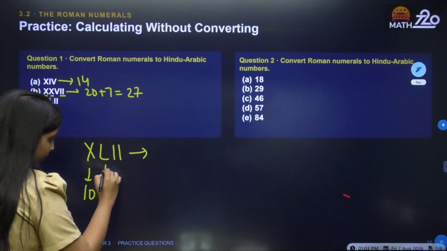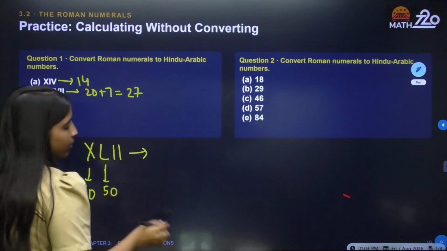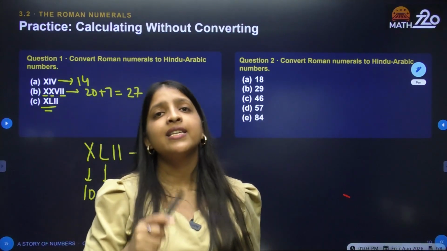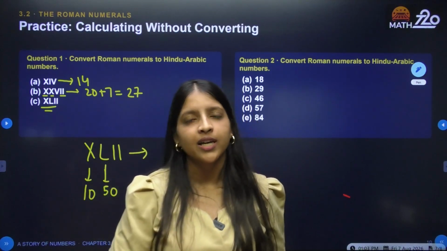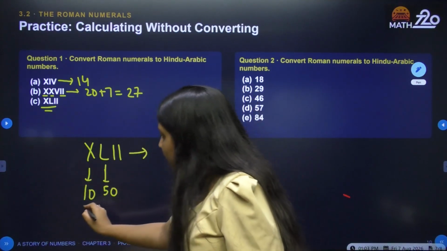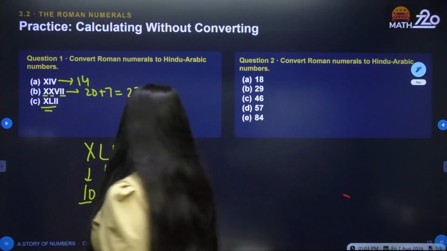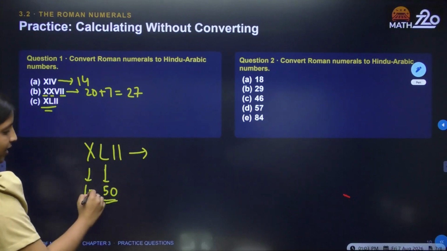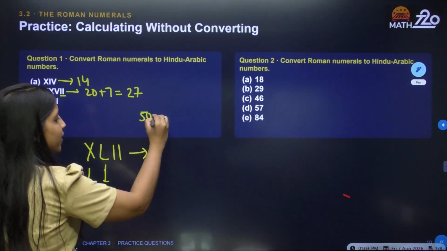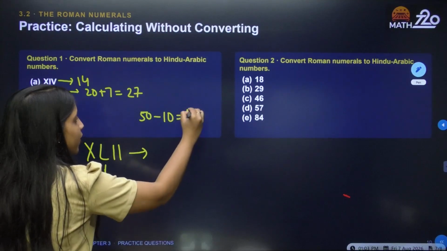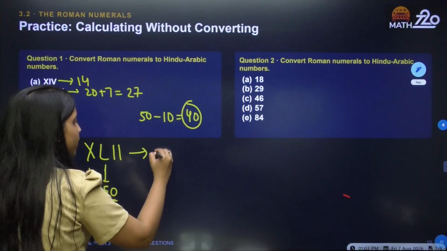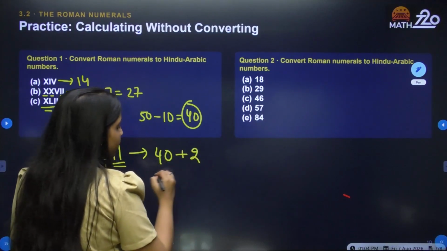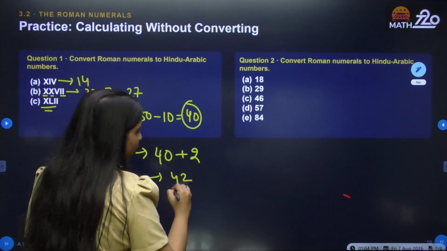In the previous video we studied that if our first number is small and the second number is bigger, we subtract them. The first number is small, the second number is bigger, so we subtract them. How? It is 10, it is 50. What is 50 minus 10? 50 minus 10 is 40. So it is 40. And we know that this II is 2. So it is nothing but 42.